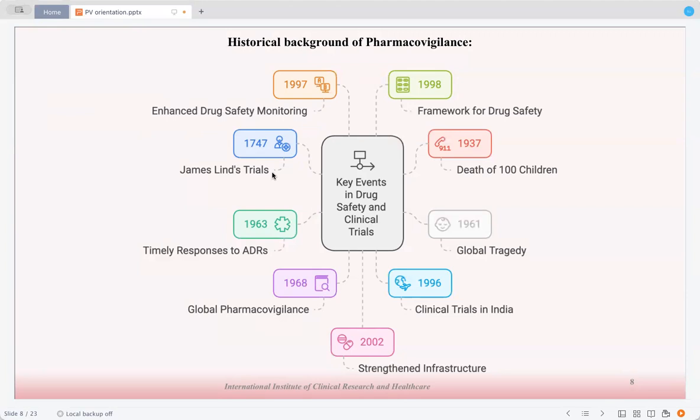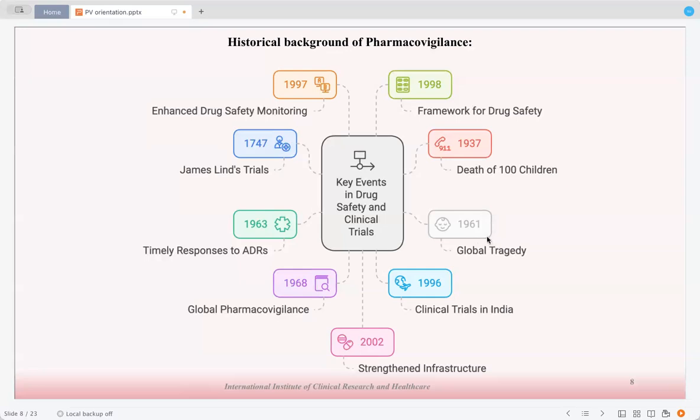Then in 1937, the sulfanilamide disaster: more than 100 children died due to sulfanilamide toxicity. Then in 1950, aplastic anemia was reported due to chloramphenicol toxicity. Then in 1961, the thalidomide tragedy occurred. It was a global tragedy.